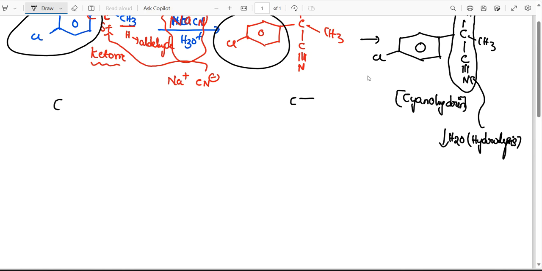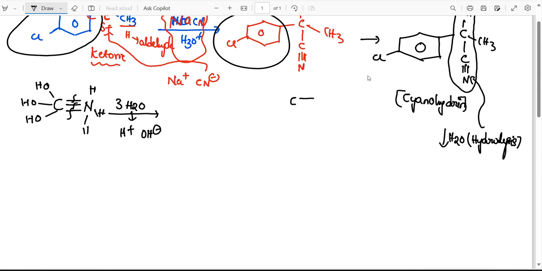Here we see C triple bond N, and we have to take three water molecules. Water is dissociated as H plus and OH minus. If this bond is broken, we get OH and H plus. If this bond is broken, OH and H. Here also OH and H. So ammonia gas is liberated and we get C bond OH, bond OH, bond OH.